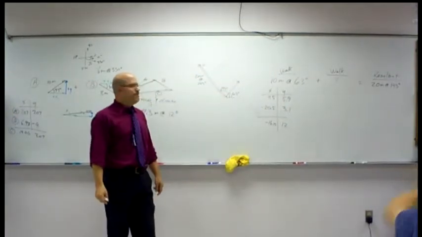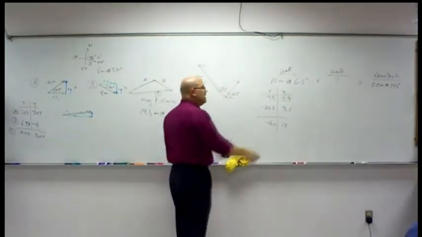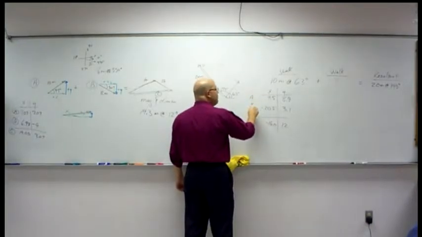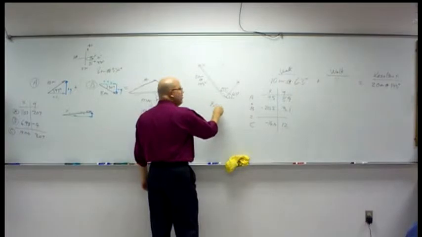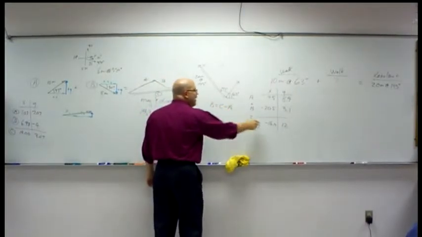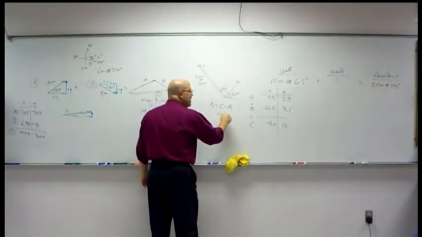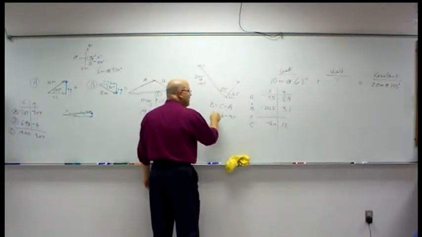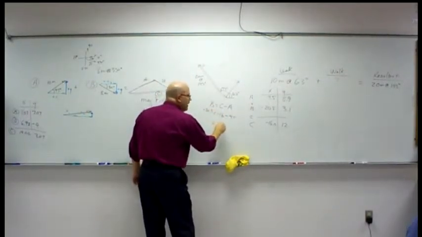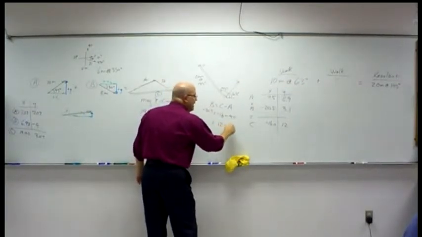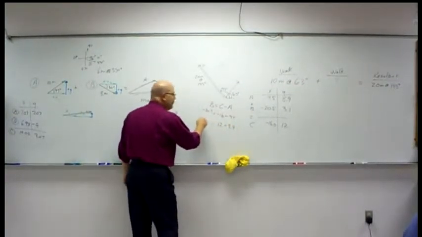Remember, A plus B equals C, or B equals C minus A. Negative 16 minus 4.5 equals negative 20.5, or 12 minus 8.9 equals 3.1.